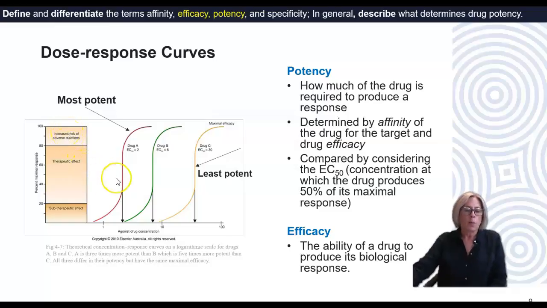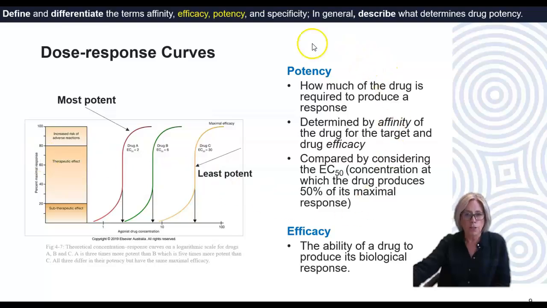Okay. Now, what I want you to notice straight away from these three sigmoidal graphs is that these are agonist drugs because they are producing an effect. Now, I will get on to agonists and antagonists in a minute. And you can see all three of them are producing the maximal tissue response.